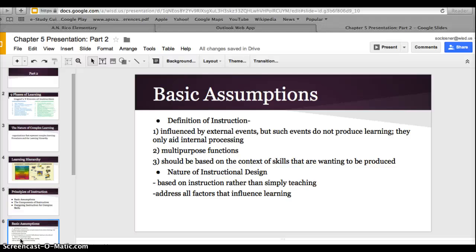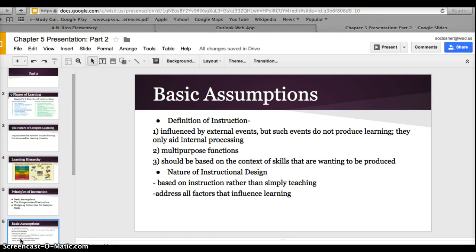Instead, instruction fulfills several functions that match the different information processing of learning. Third, decisions about instruction must be made in the context of the skill or skills to be learned. Instruction for information, for example, is not the same as instruction for motor skills.